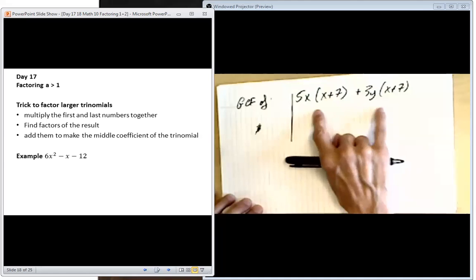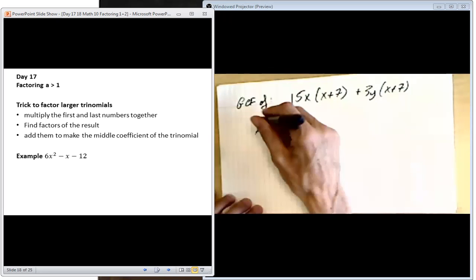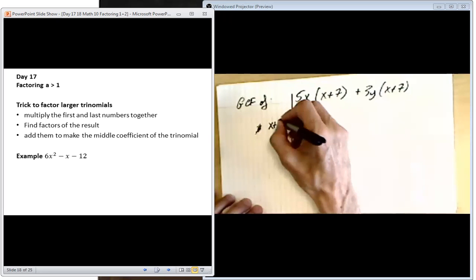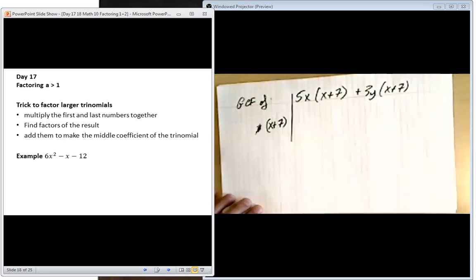No. Yeah, it looks different, but they're both x plus 7, x plus 7. That goes out in the front there. That's true. Yeah.